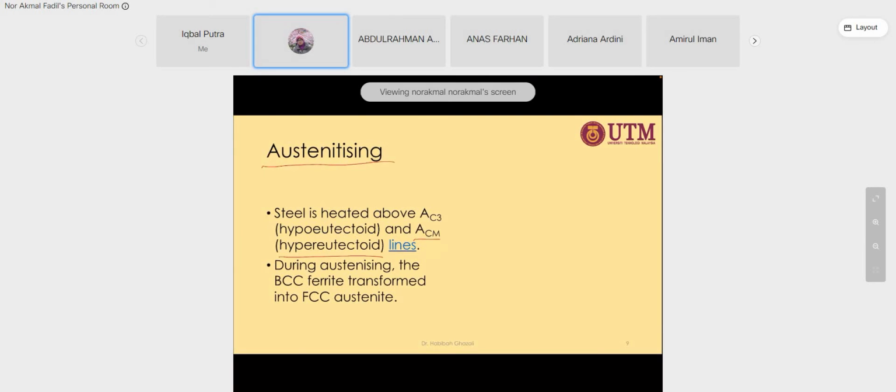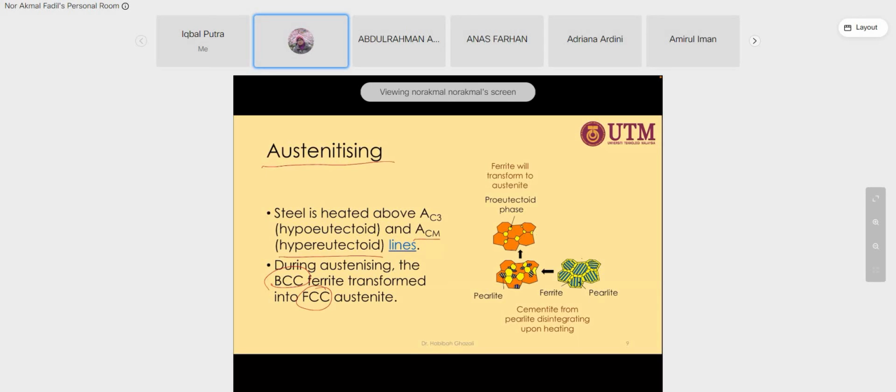The BCC will transform into an FCC structure. So at room temperature it is a BCC structure, and then we heat it up until we reach austenite. Cementite from pearlite disintegrates upon heating, and later it will produce the pro-eutectoid phase.